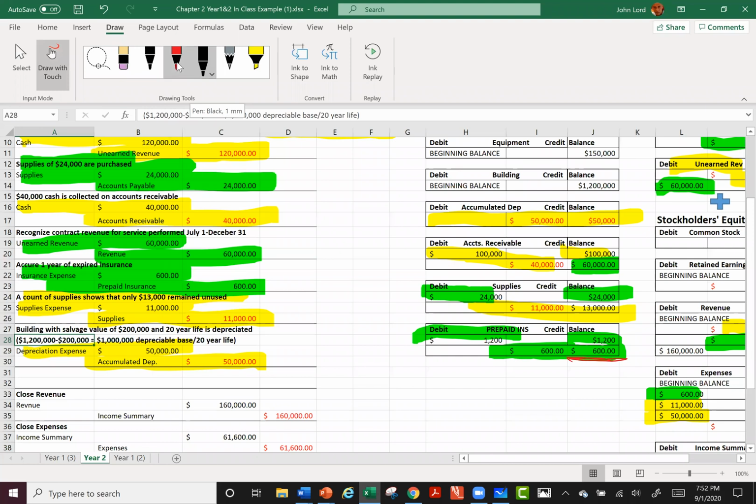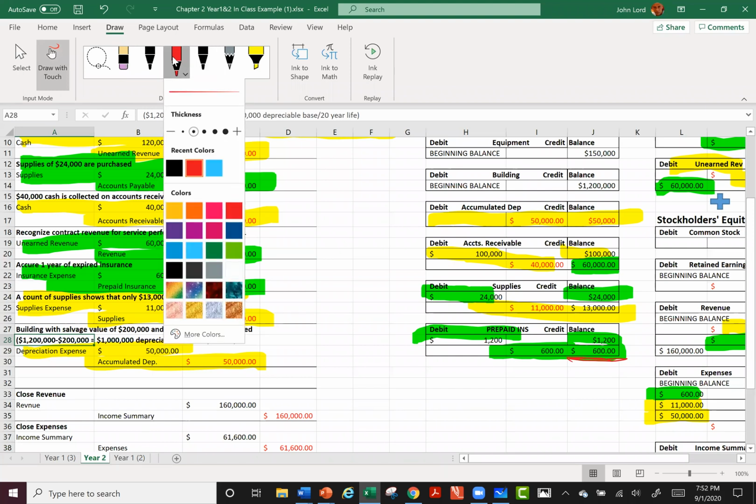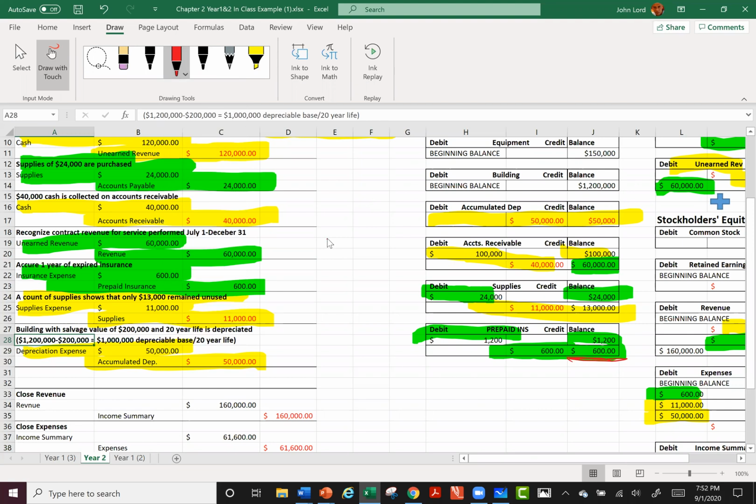Okay, so let's go ahead and let's take a look now at the preparation of financial statements, shall we? Okay, so what financial statement are we going to prepare first? Income. Good. Excellent. Income statement.